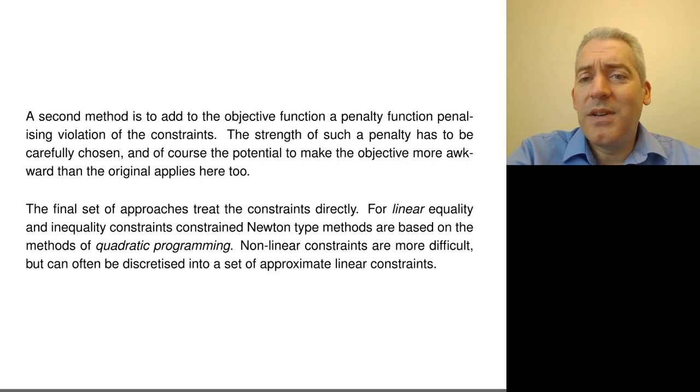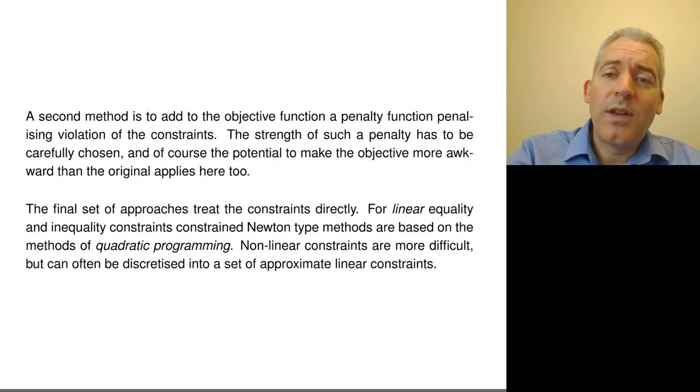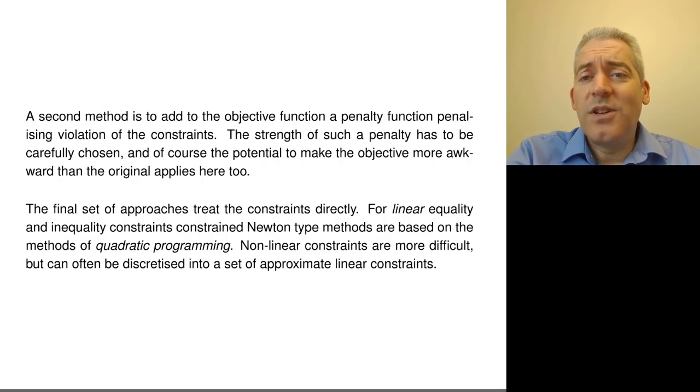But then that puts a big discontinuity in your objective function, so that turns out not to be a good idea. So you want to have a smooth penalty that you're adding, but you want it to be sharp enough that you are effectively discouraging negative values, etc. Okay, so these are the kinds of issues. So this can work well, but you do need to be very careful with exactly how you penalize constraint violations.